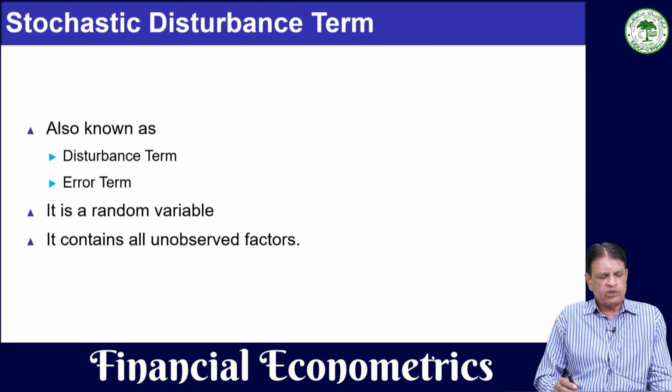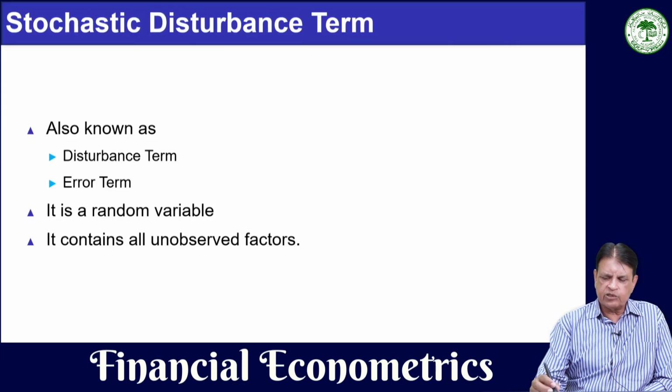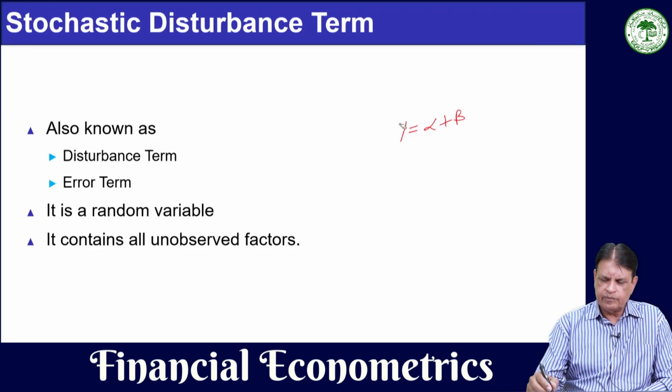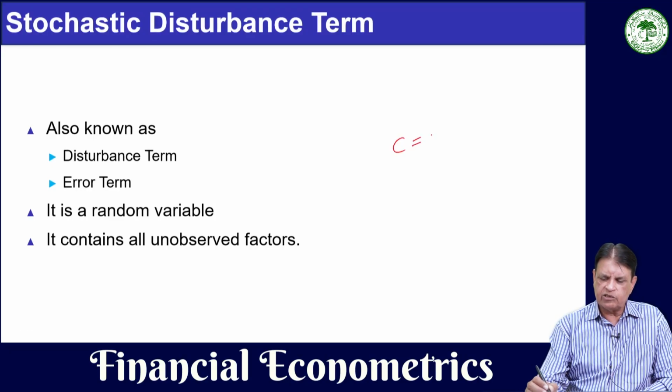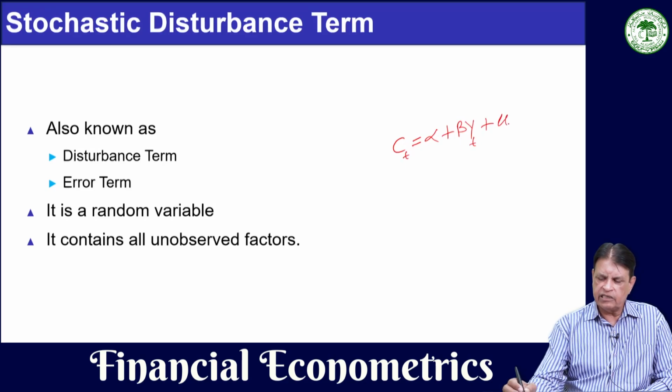Now we come to the stochastic term. Let me write that this is the stochastic term. We use the same equation that we have been using: C is equal to alpha plus beta y plus u. We can use t here, here also t, and this one is t.